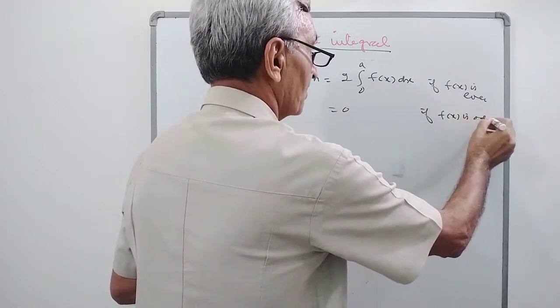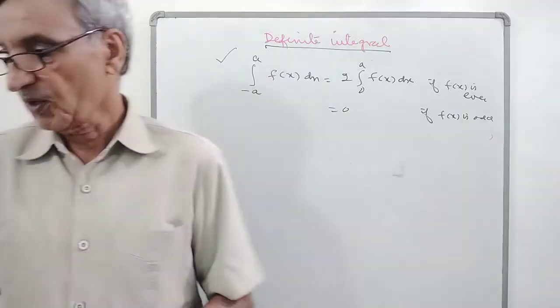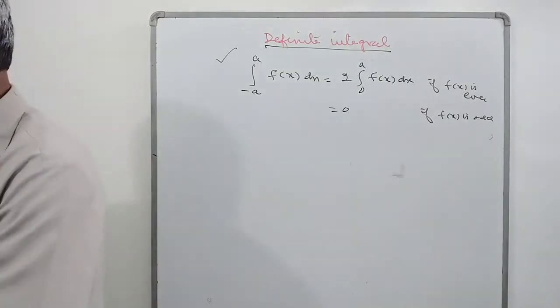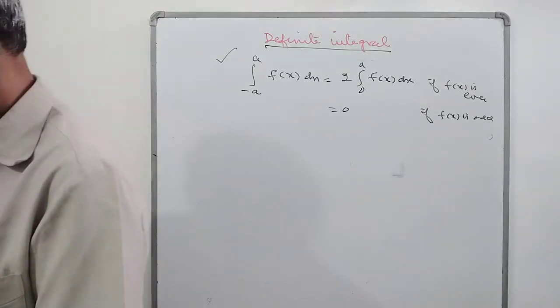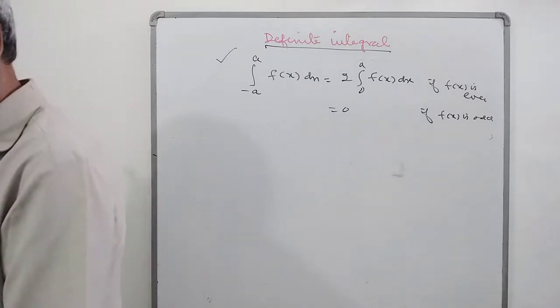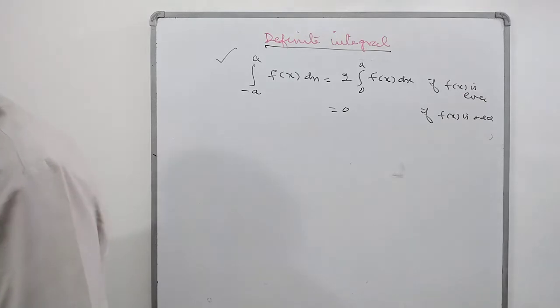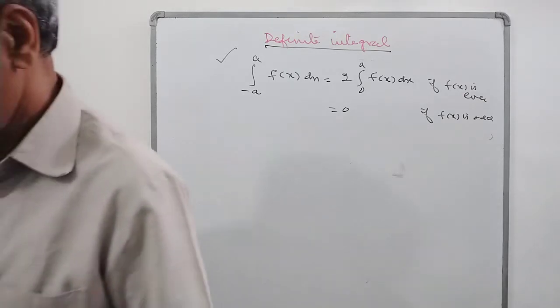We have done a question on this property from -1 to 1. So this is the question based on minus a to a.